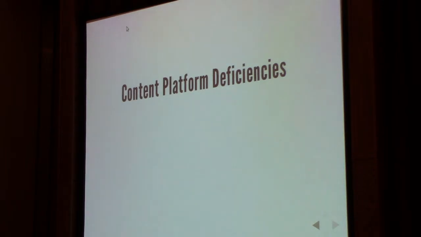So I'm going to talk a bit about content platform deficiencies. Now, I'm not here to bash other platforms. I'm talking specifically about the OER category. We've still got our OER heads on. We're thinking, we've got to build this OER site. How are we going to do it? Well, we need to be aware of what I call feature vision. Think of tunnel vision, except for features.